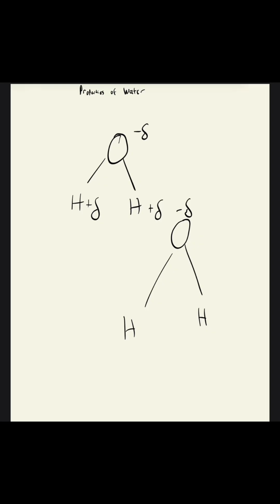Each molecule can form up to 4 hydrogen bonds with surrounding molecules. Now, while individually weak, the large number of hydrogen bonds collectively gives water many of its distinctive properties.